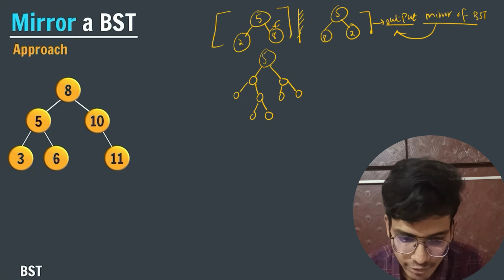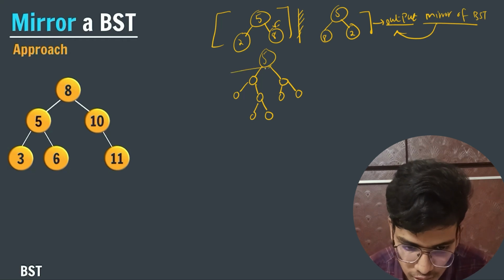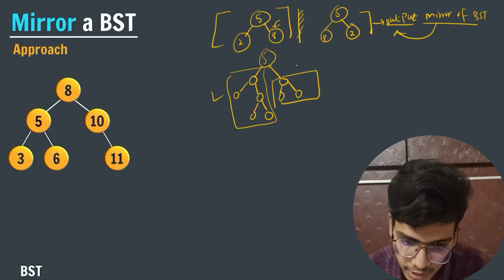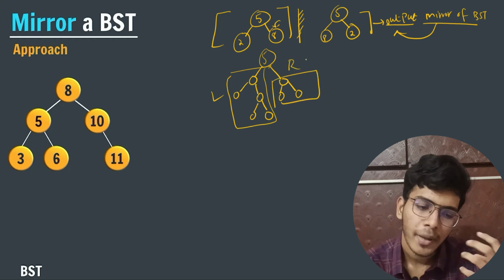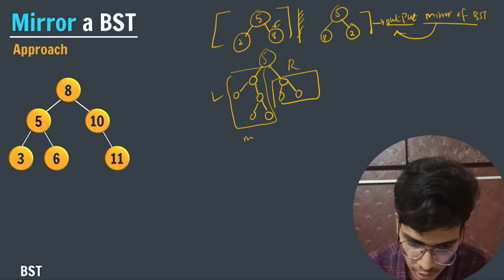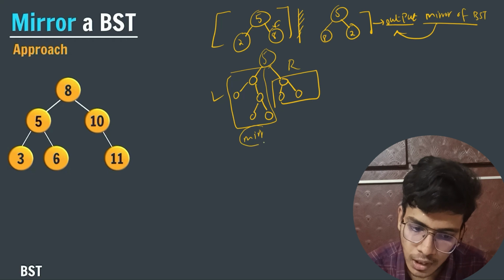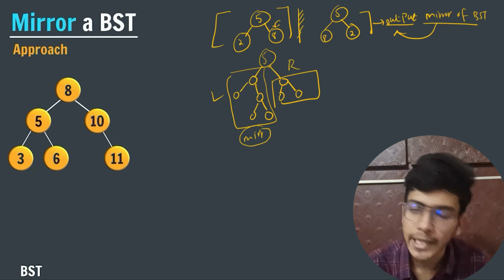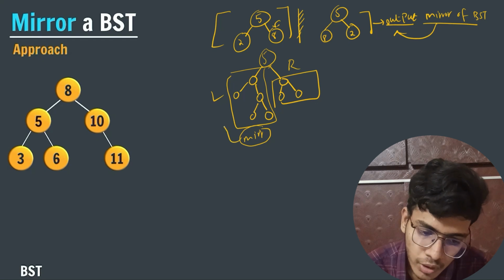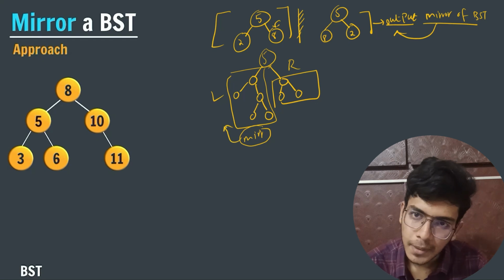So this is my left part, and this is my right part. I will call my recursive function. I will create a function, let's say mirror. This mirror function will return a whole tree or a particular node, and whatever it returns, I will store in a variable.